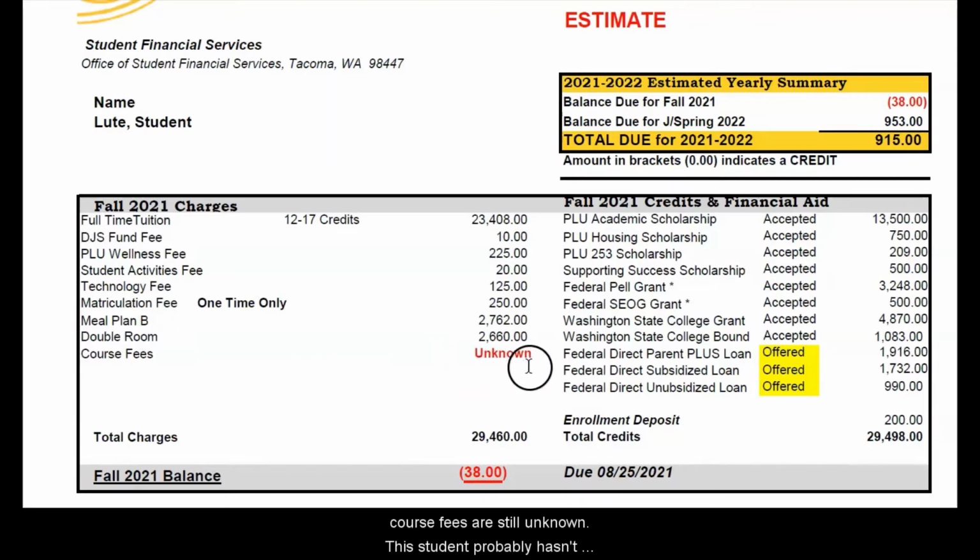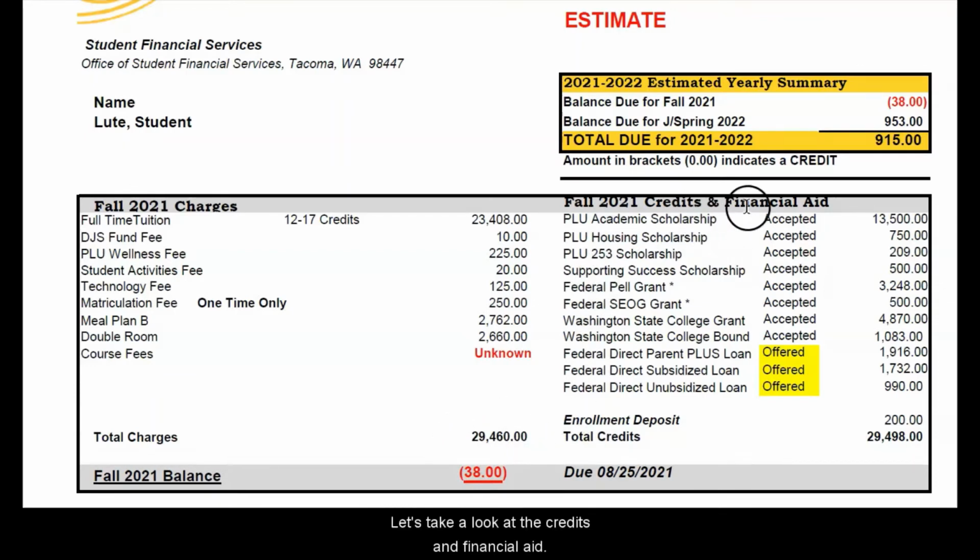This student probably hasn't registered yet, but if you are taking a natural science course, maybe you're a music student with lessons, maybe you're in the nursing program, there can be additional course fees that are going to increase your total charges. And the total charges are right here, $29,460. Keep in mind, if you do end up with any course fees, it will increase this number here.